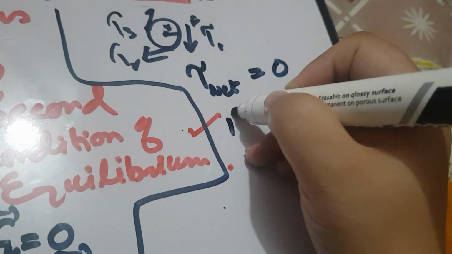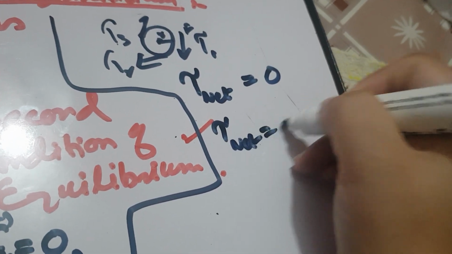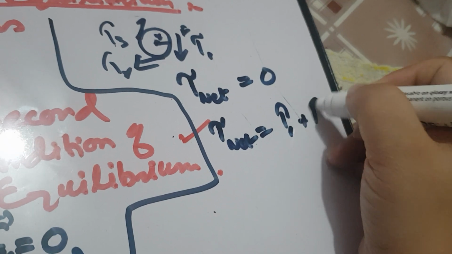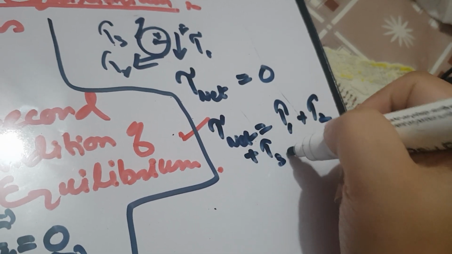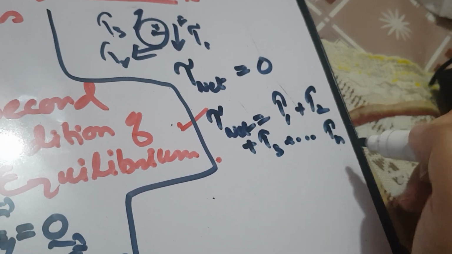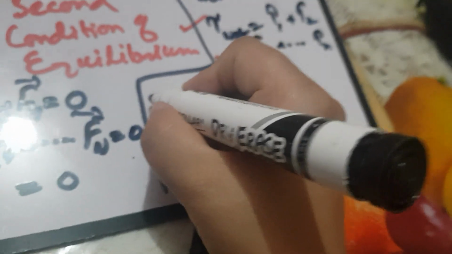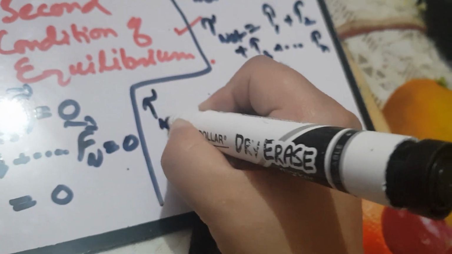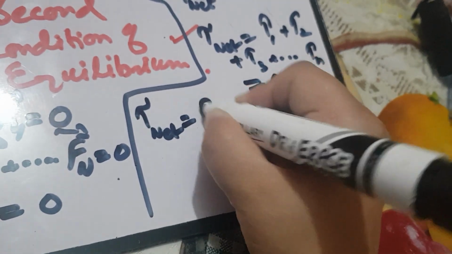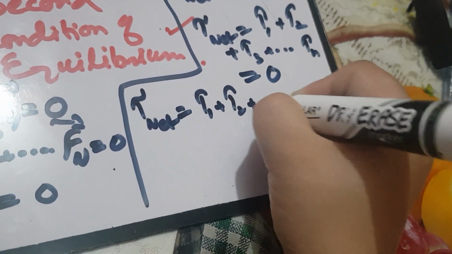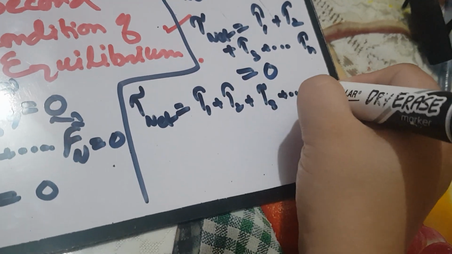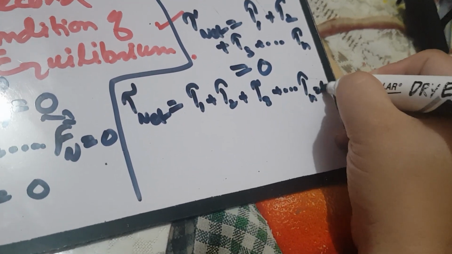If we expand tau net, it means the first torque plus the second torque plus the third torque and so on up to the nth torque, and if the net torque is 0, then we write tau net equals tau 1 plus tau 2 plus tau 3 and so on up to tau n equals 0.